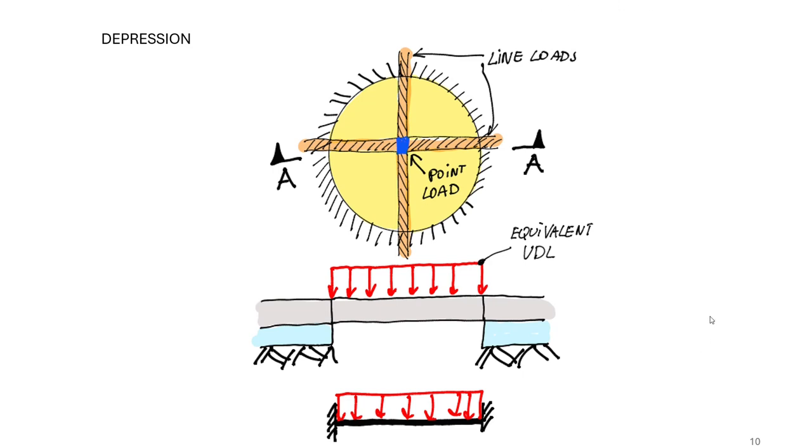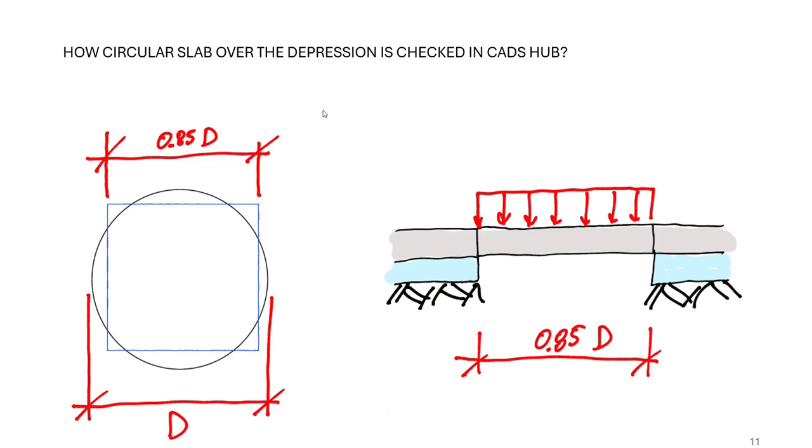But in our software, we are checking a square depression instead of a circular depression. This simplifies calculations and gives more or less the same results as for a circular slab. And so instead of a circular depression with diameter D, we are checking a square slab with dimension 0.5 D.